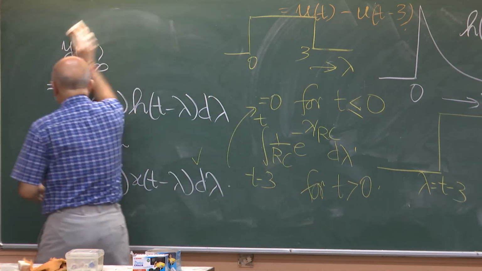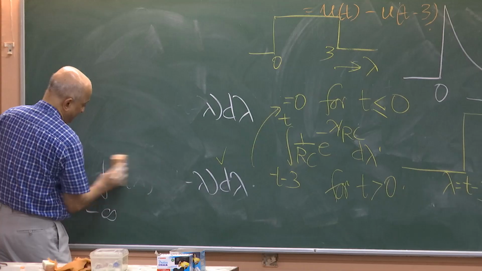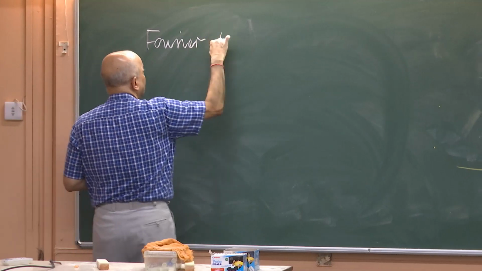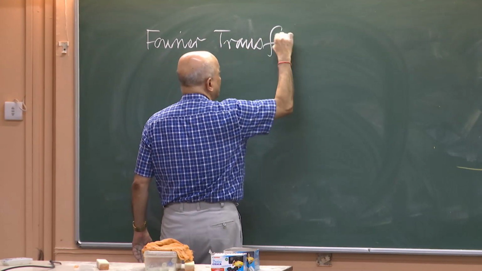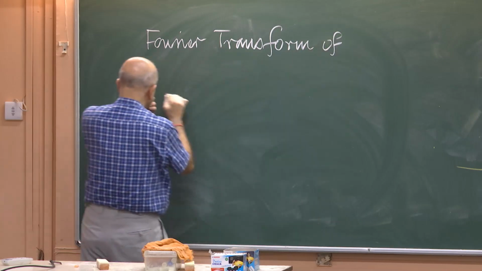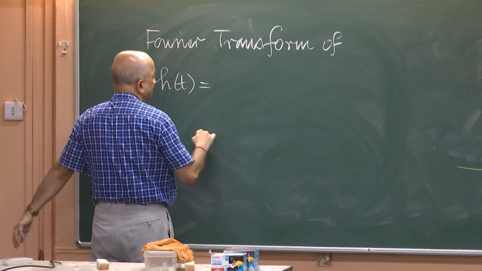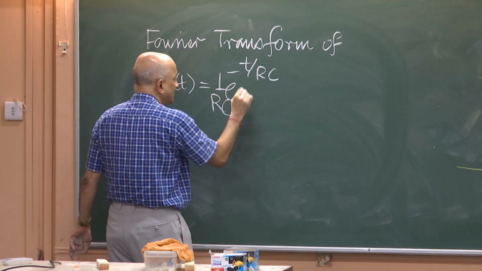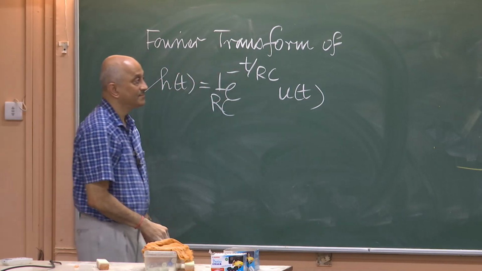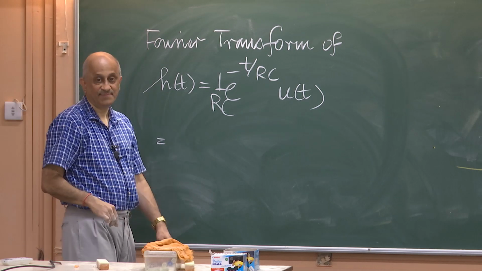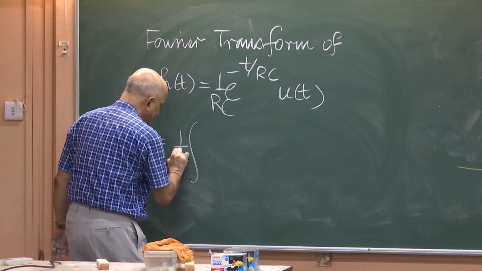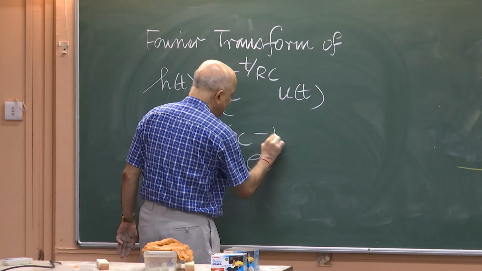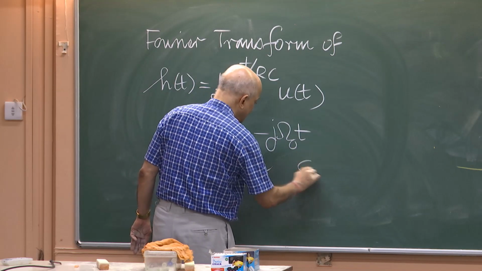You see, now let us evaluate that Fourier transform for this particular impulse response. The Fourier transform: h(t) is equal to (1/RC) e^(-t/RC) u(t), which is the integral of (1/RC) e^(-t/RC) e^(-jω₀t) dt.